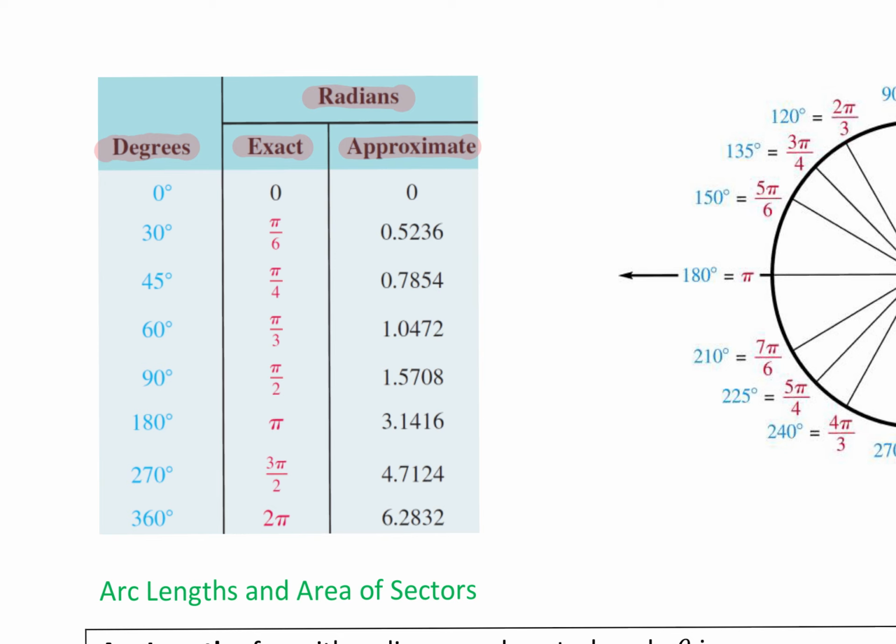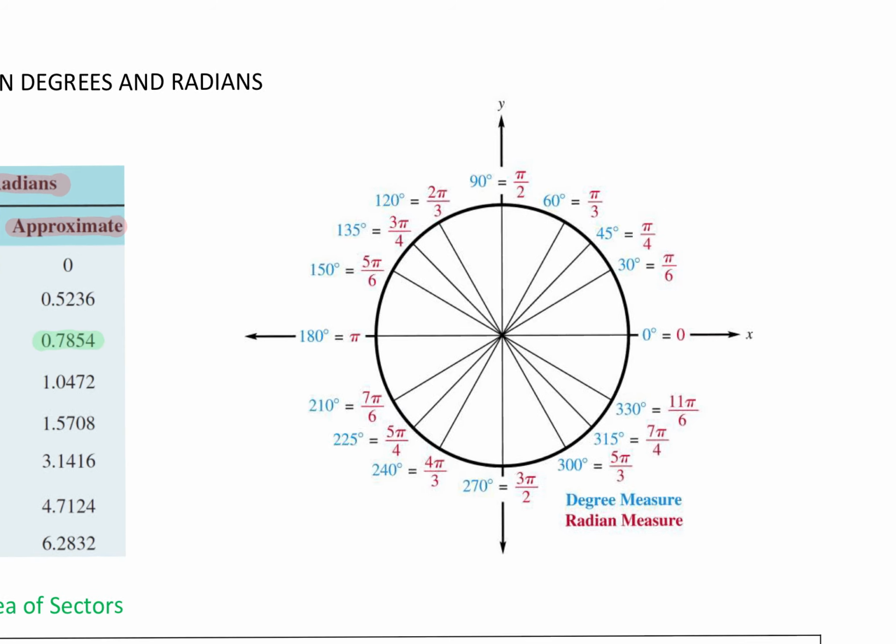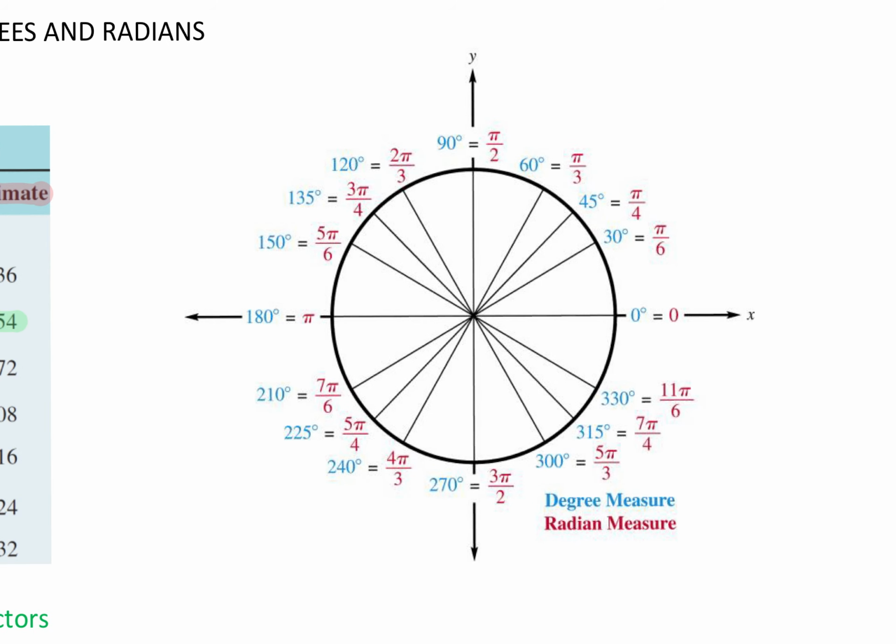If we look at, say, 45 degrees, that's going to be in radians, the exact would be pi over 4. The decimal approximation would be 0.7854. Now you can use this for reference if you choose. I like the circular reference because you can see where the angle position is as you go around this circle.